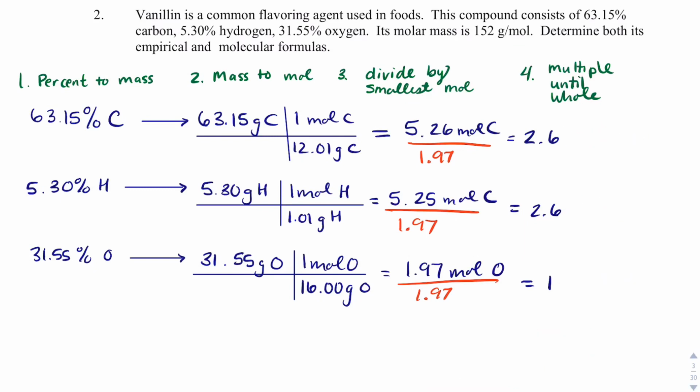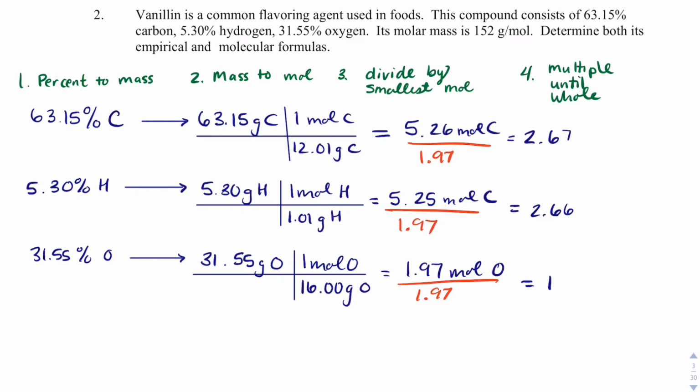So what we have going on here after you divide by the smallest is we have these numbers, 2.67, 2.66, and 1, and they're not within 0.1 of the next whole number. So this is where we've got to look at this number, and we've got to say, are these halves? Are they thirds?